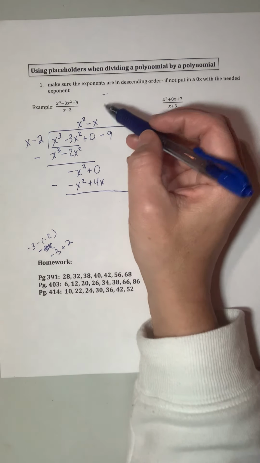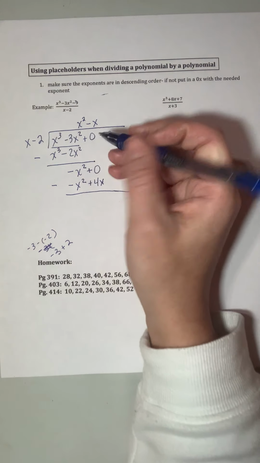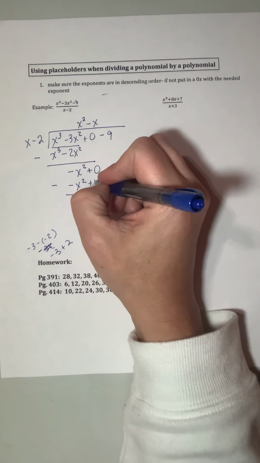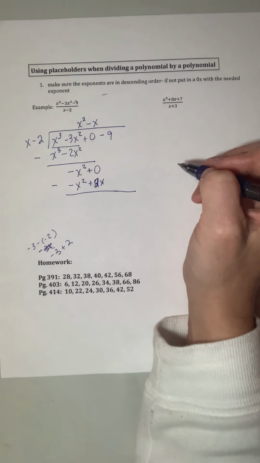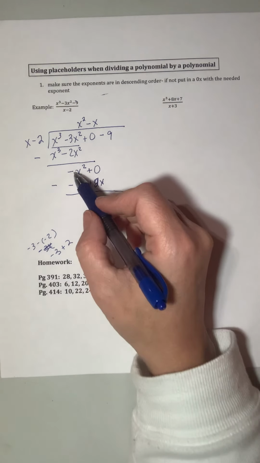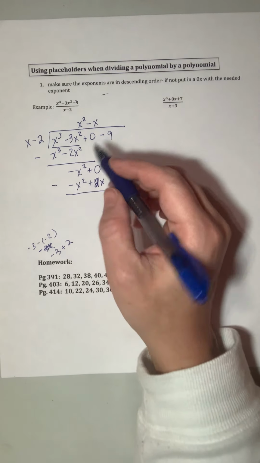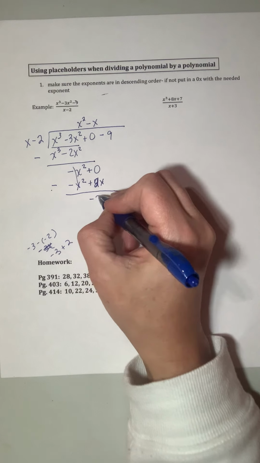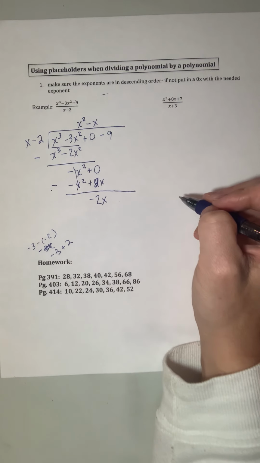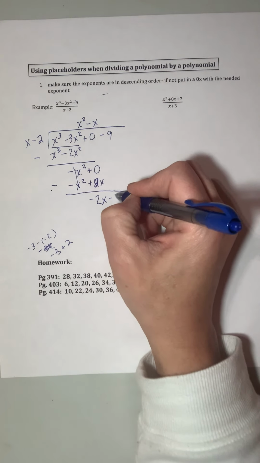Oh, I'm sorry. Negative x times negative 2 is positive 2x, not 4x. Okay, so negative minus a negative cancels out. 0 minus 2 is negative 2x. Bring down your minus 9.